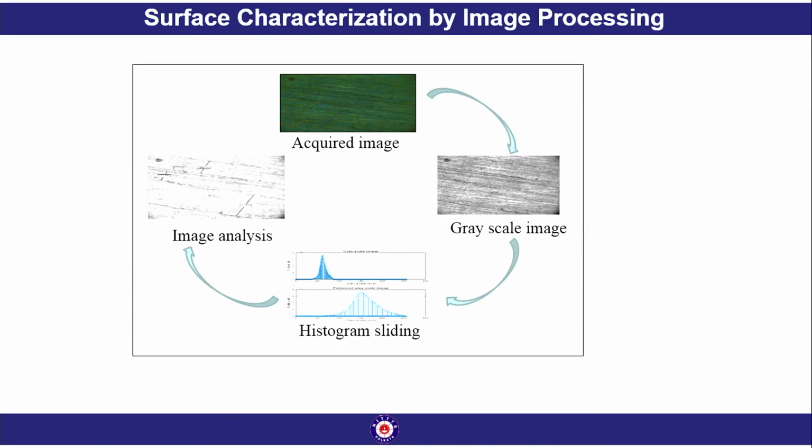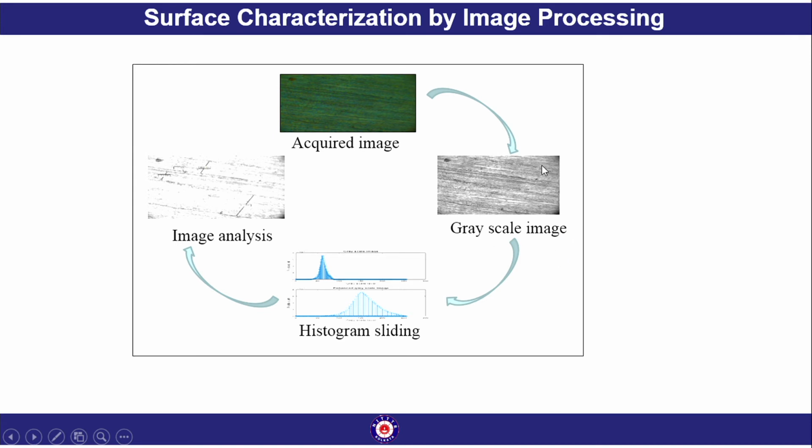Nowadays surface characterization can also be done by image processing technique. Here you are seeing some images taken by microscope, which are then converted into a grayscale image.